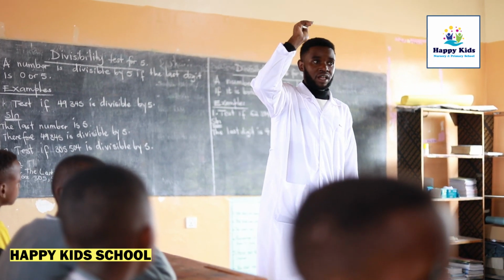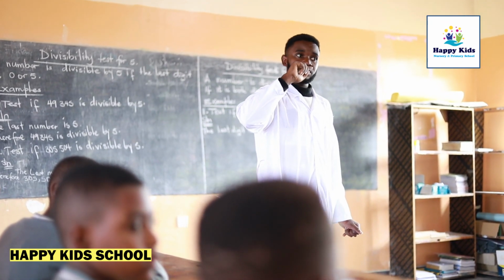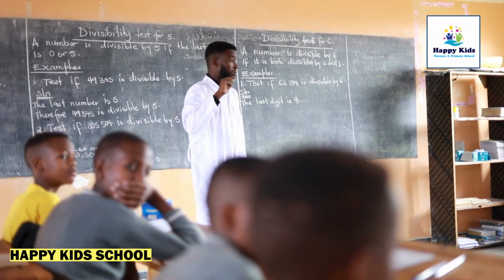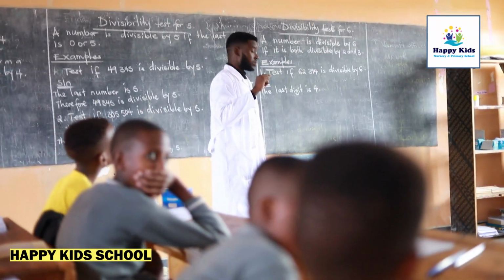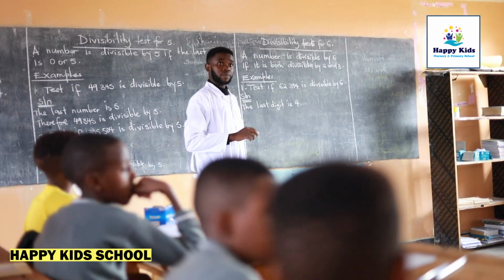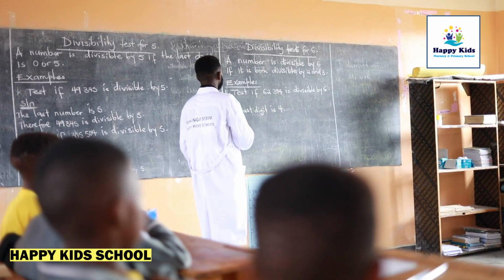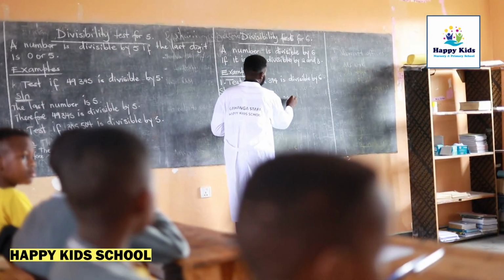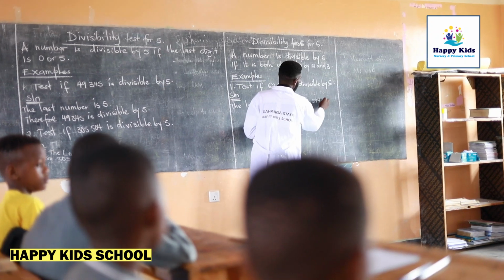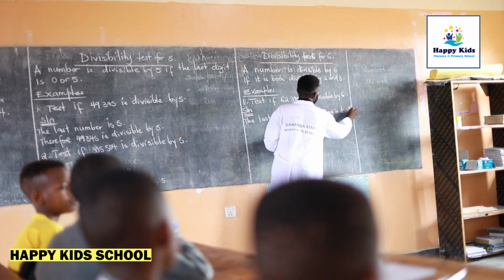Yes, 4 is a multiple of 2. So 62,394 is divisible by 2.